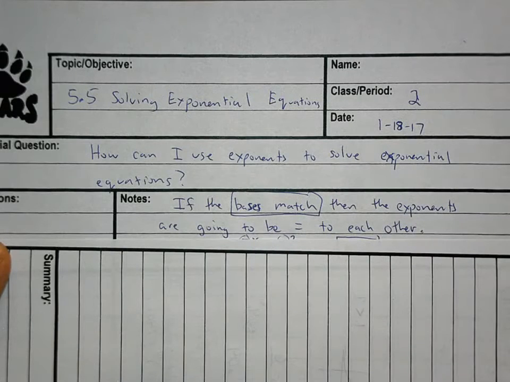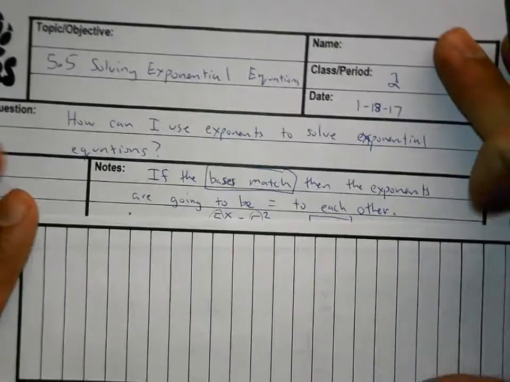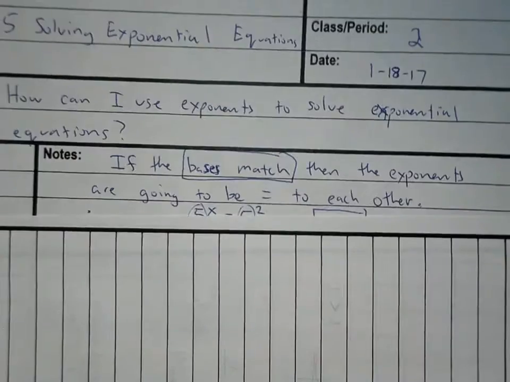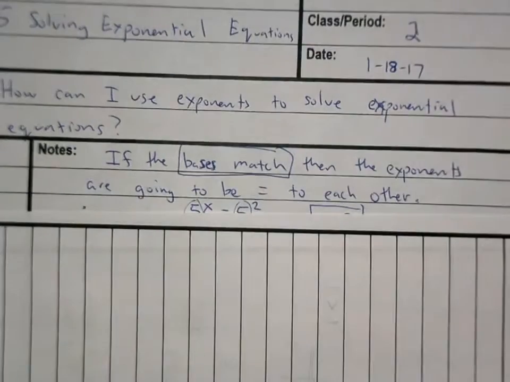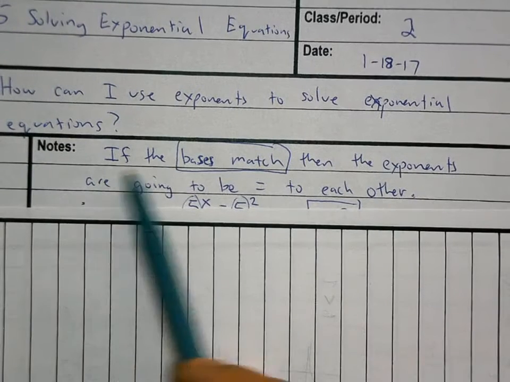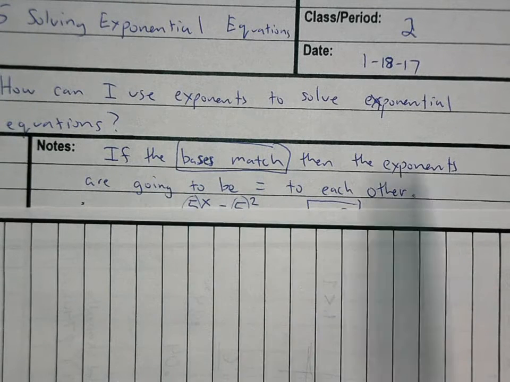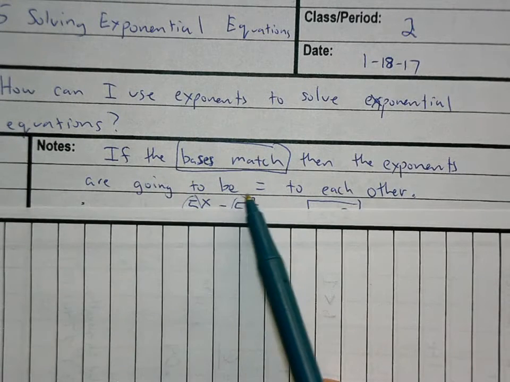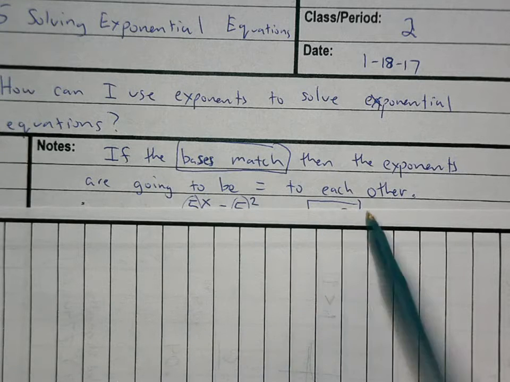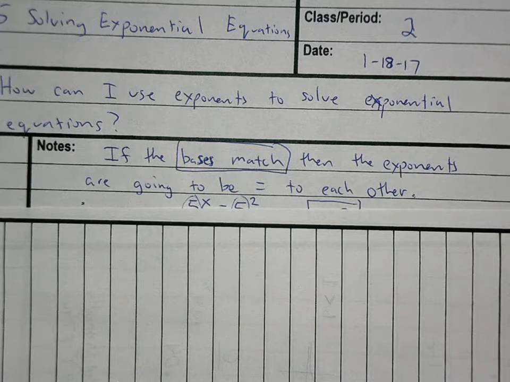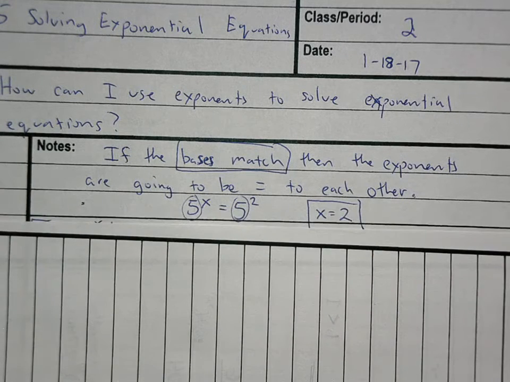So the first thing that I have us writing down is this. If the bases match, then the exponents are going to be equal to each other. Let me show you what I mean.